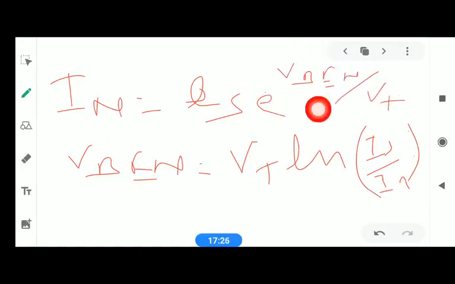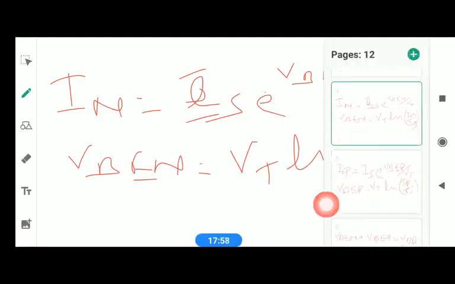From this, to get the equation for VBE N, we send Is to this side, so this is actually In by Is. So from this equation you can get VBE N equal to Vt ln of In by Is.